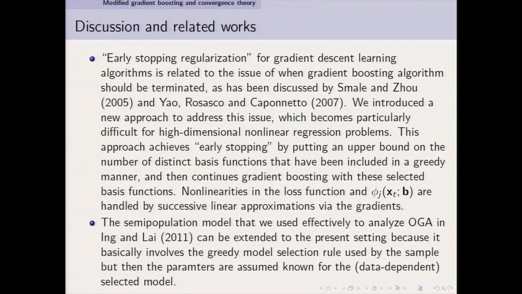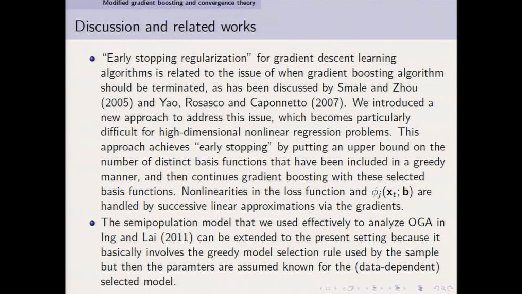So we introduce a new approach to address this issue, which becomes particularly difficult for high-dimensional nonlinear regression problems. This approach achieves early stopping by putting an upper bound on the number of distinct basis functions that have been included in a greedy manner, and then continuing gradient boosting with these selected basis functions. Nonlinearities in the loss function and the phi are handled by successive linear approximations via the gradients.